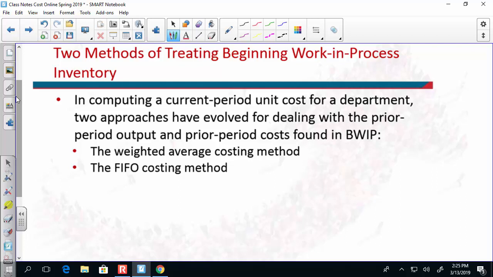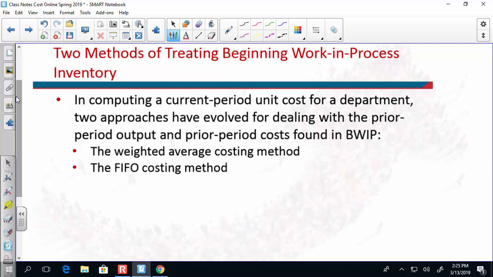Chapter 6 does take longer to get through, and one of the reasons is we're going to use 2 different ways to assign cost. One is the weighted average method, and the other is the FIFO method. Very similar to retail when we talk about weighted average and FIFO. Similar terminology.